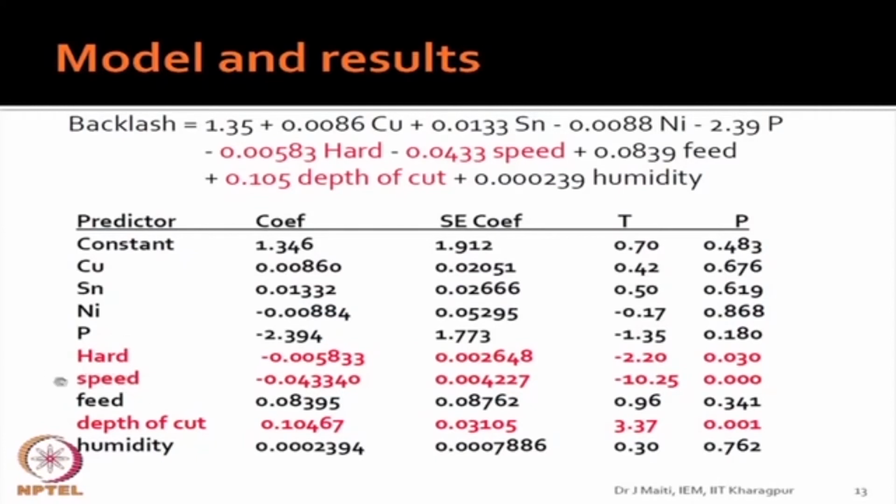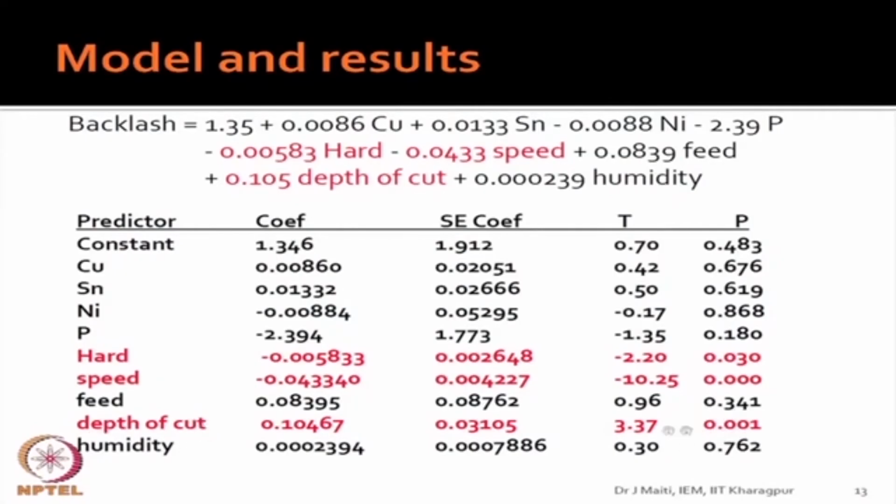Similarly for speed, this divided by this is 10.25, which is very large, so the probability value is almost 0.000. We have used Minitab to find this solution. Feed is not significant because the probability value is 34%. Although its coefficient is larger in magnitude than the speed coefficient, the standard error is much higher, so the t value becomes quite low and it makes it insignificant.